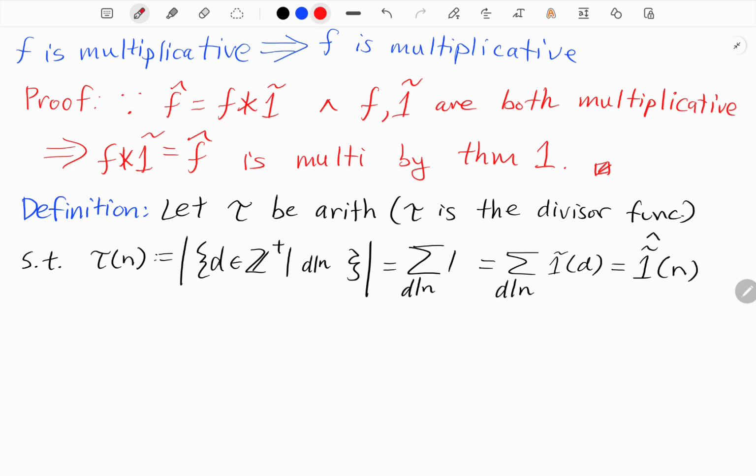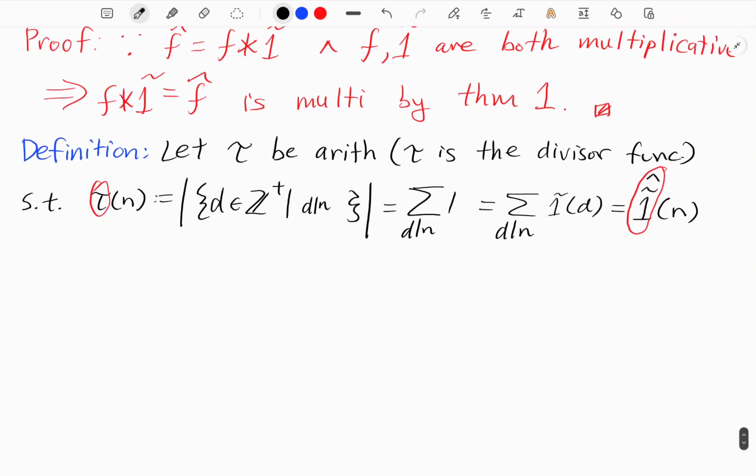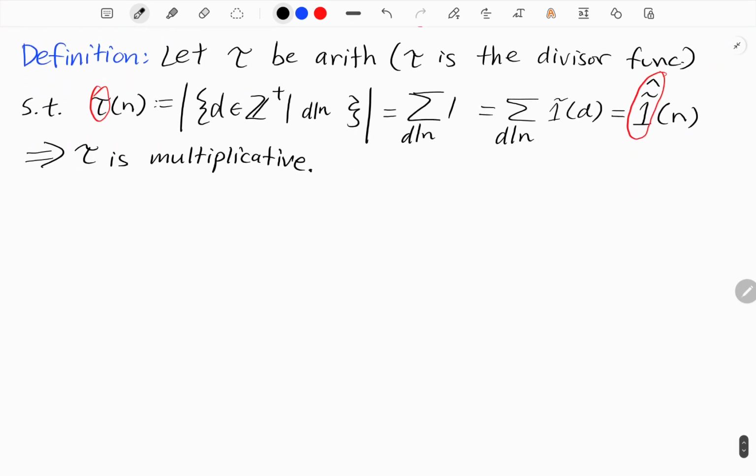But we see here that 1 tilde hat is equal to tau. And from theorem number 2, since we know that our f here, which is 1 tilde, is multiplicative, this means that 1 tilde hat is also multiplicative. And 1 tilde hat here is equal to tau. Okay, so we get that tau is multiplicative. All right, so that's a neat observation.